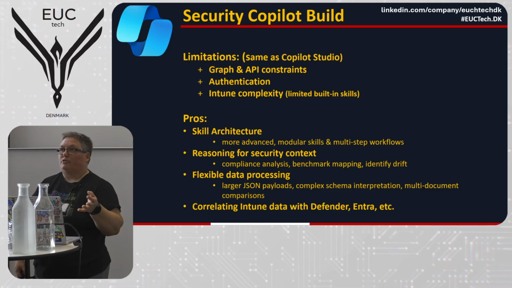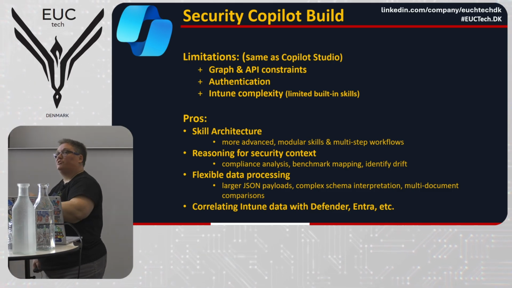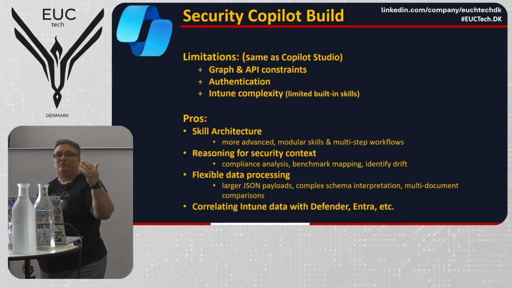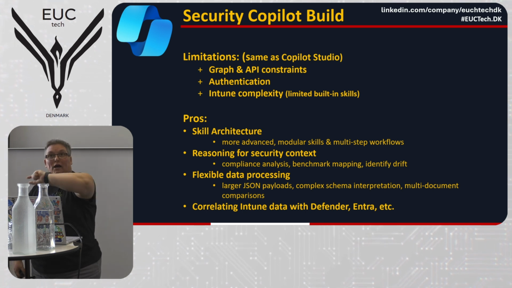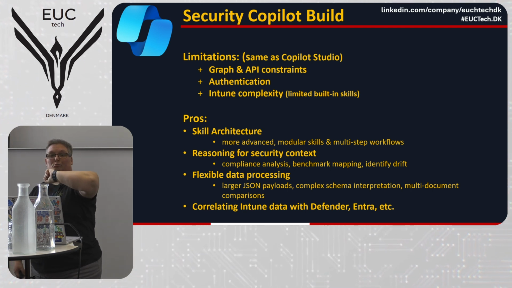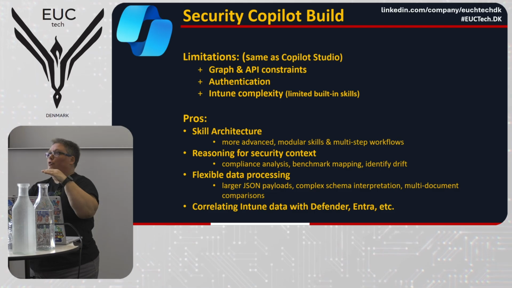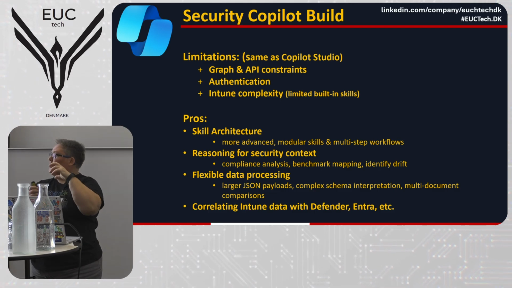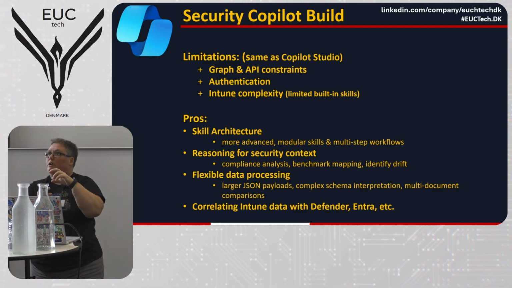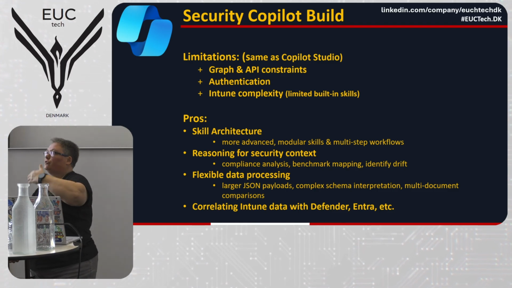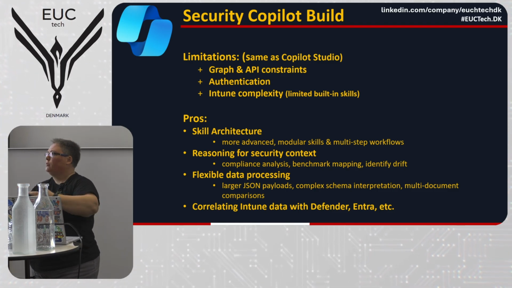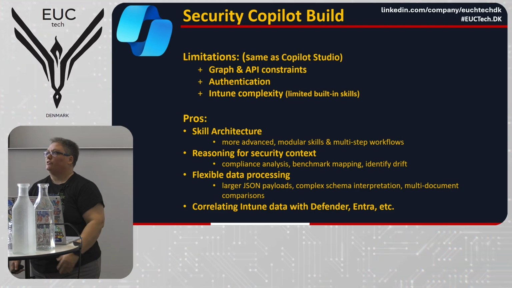Security Copilot basically has the same limitations as Copilot Studio, but I do like the fact that it has that Intune plugin incorporated with it. Within that Intune plugin, it gives you certain skills, or tools, that you can assign to your agent and have it use.